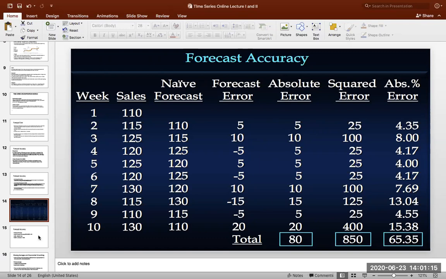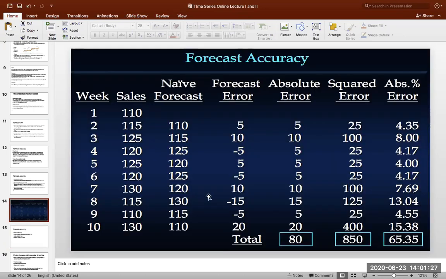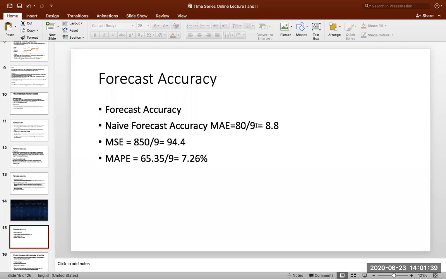Okay, so for you to be able to calculate this, the naive forecast accuracy error: the mean absolute error was this 80. This 80 divided by how many observations? We start from 1, 2, 3, 4, 5, 6, 7, 8, 9. So divided by 9 will give you what? The mean absolute error.